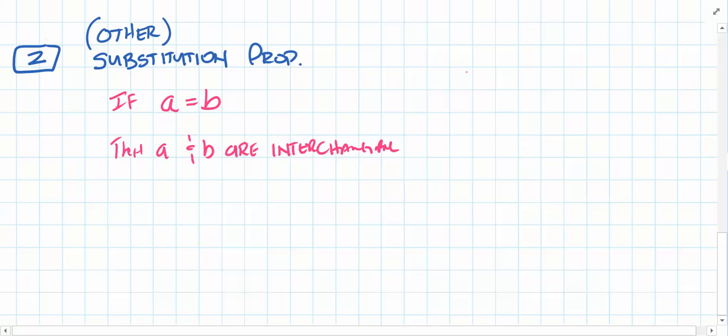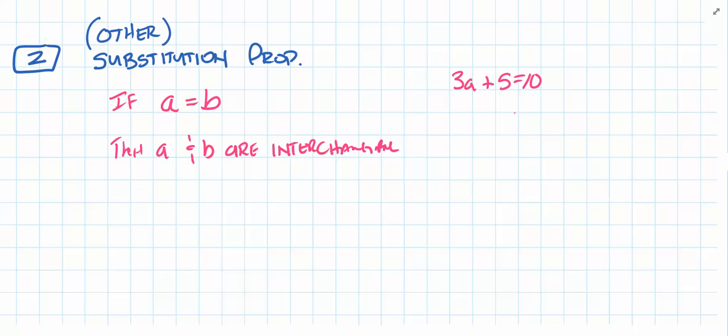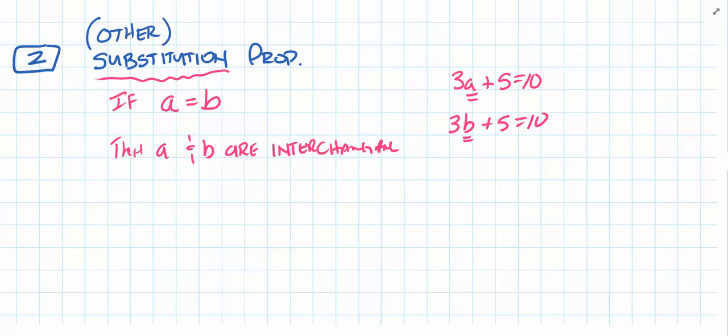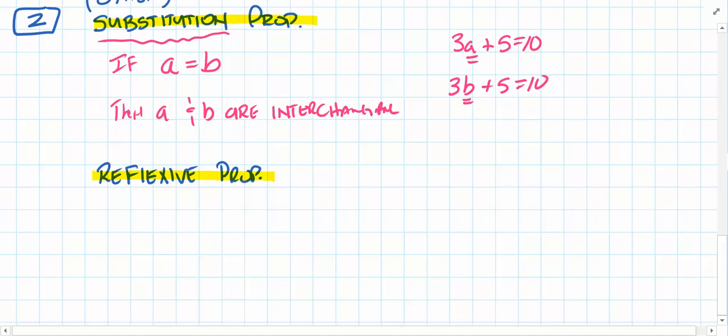So as an example, if I had 3A plus 5 was equal to 10, then what could I use for another line of algebra instead of A if I know that A and B are equal? What could I say? 3B plus 5 must also be equal to 10. It's the same thing. A and B are interchangeable. This is called the substitution property. And it happens when we replace one thing for another if the two things are equal.